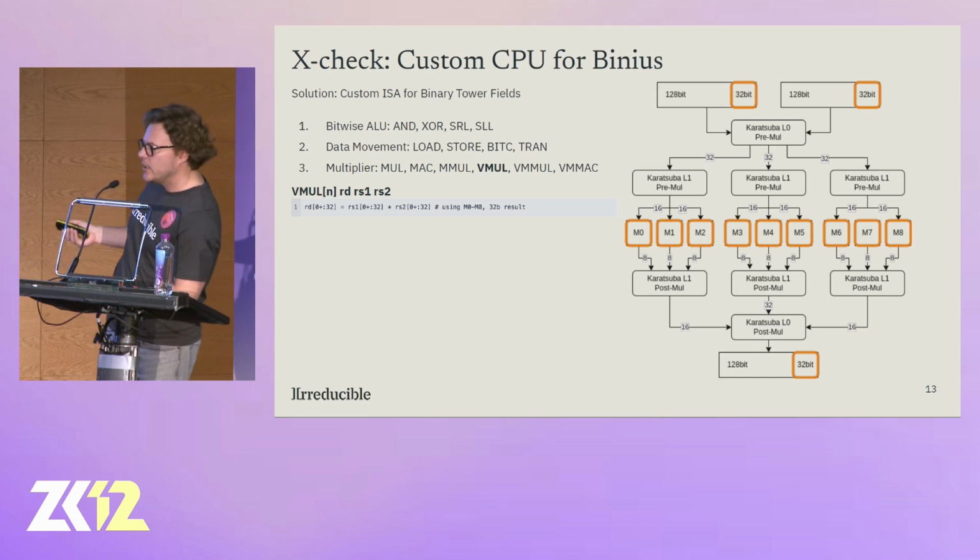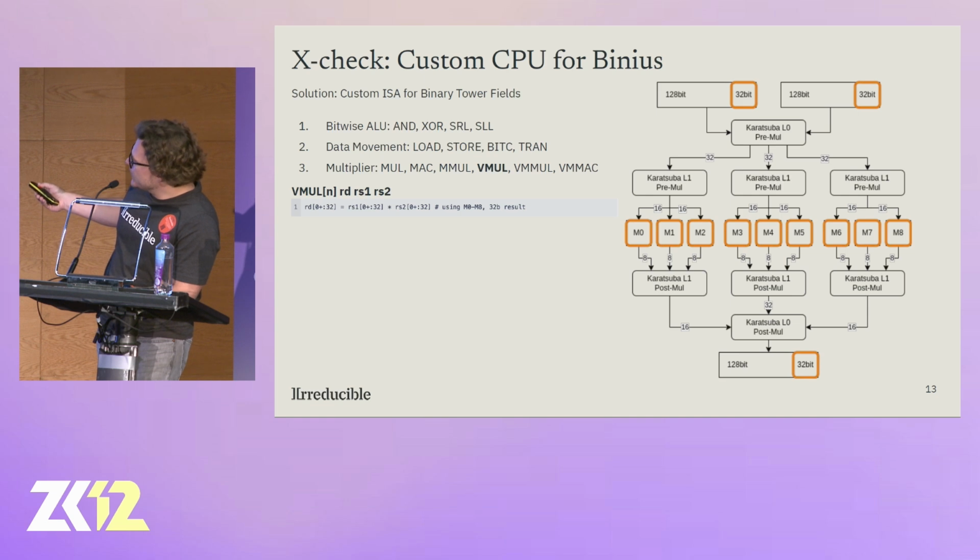So we came up with a pretty interesting concept of mixed multiplication, and it works in a vectorized style. The pseudocode that I'm executing here is really just multiplying two 32-bit values and writing the 32-bit result. So from the register perspective, I'm picking up 32 bits here and 32 bits here out of 128. There is a network of Karatsubas.